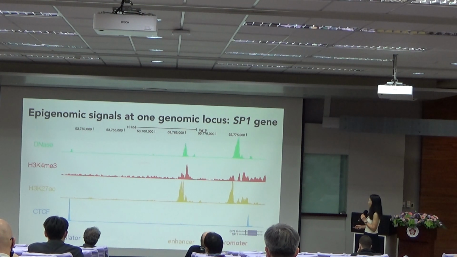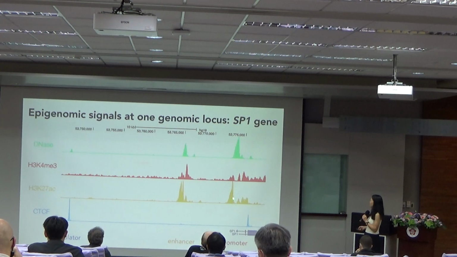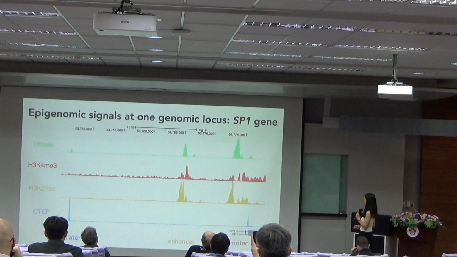So I just want to emphasize that you probably have noticed all these regions are lined up in the genomic coordinates pretty precisely. It's because it's the same region, but just marked by different features. And that allows us to detect these regions pretty accurately.